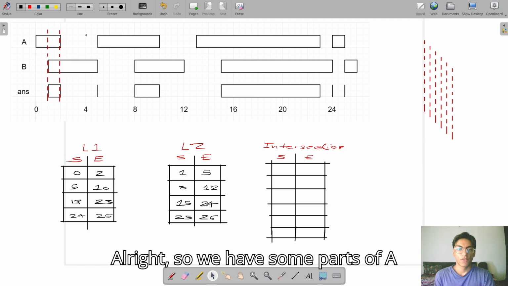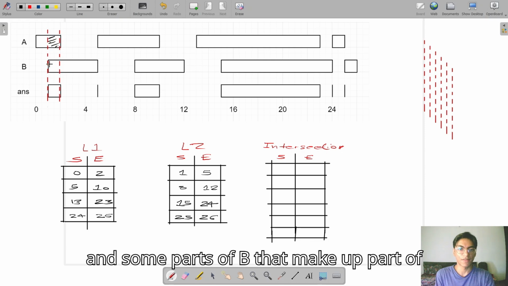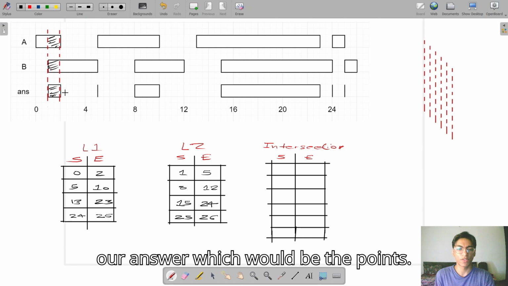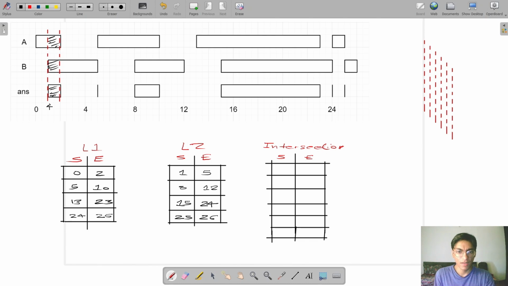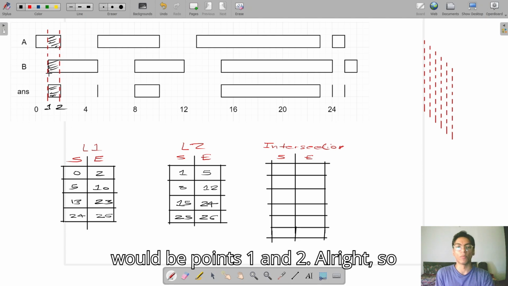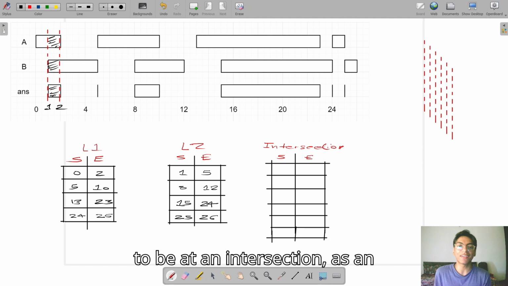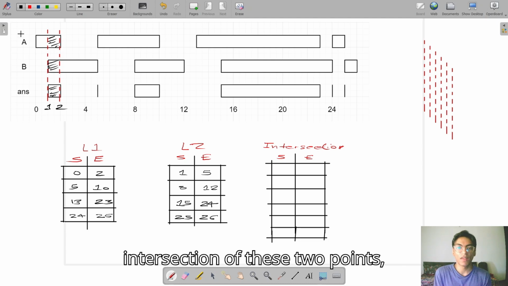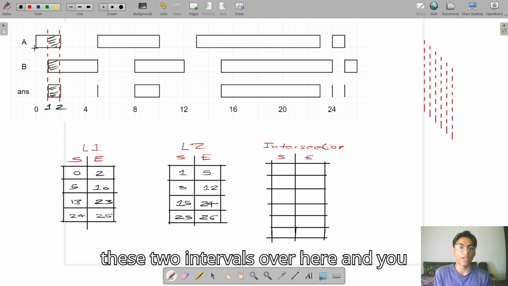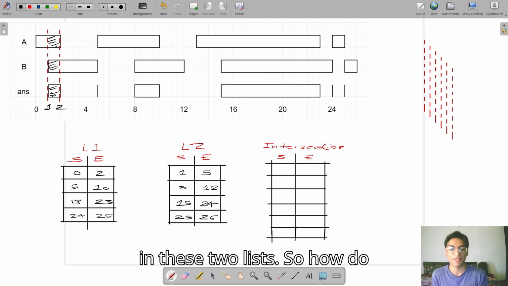All right. So we have some parts of A and some parts of B that make up part of our answer, which would be points 1 and 2. So that's one of the intervals that is found as an intersection of these two intervals over here. And you have to do the same for all the intervals in these two lists.